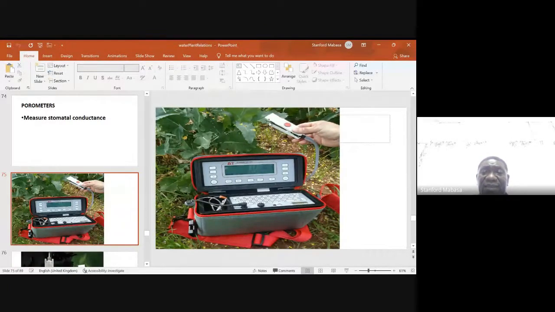This is where you clip the leaf. Then this machine is going to tell you a lot of things about this plant related to its water status. It will tell you whether the stomata is open or closed, and how much water is being lost, leaving the plant. You can measure it.